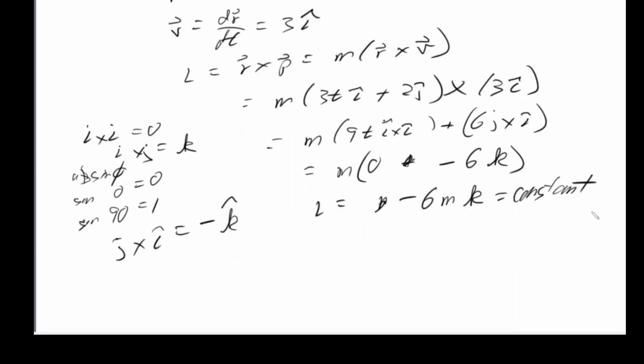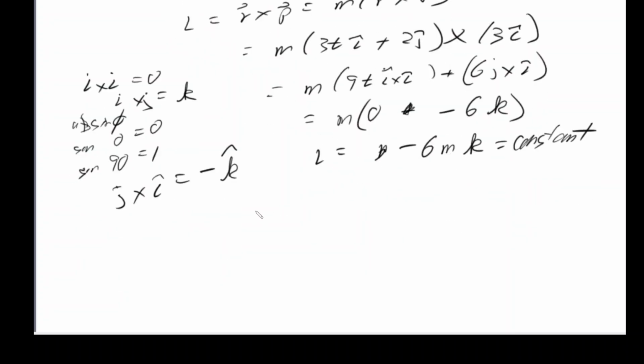Now the other way to do this is in matrix form. So you could say L is equal to m, and then you do your matrix i, j, k. And in this case, the values here would be 3t, 2, 0, and 3, 0, 0.